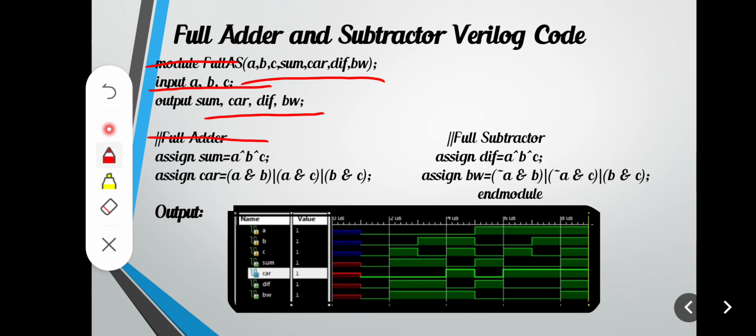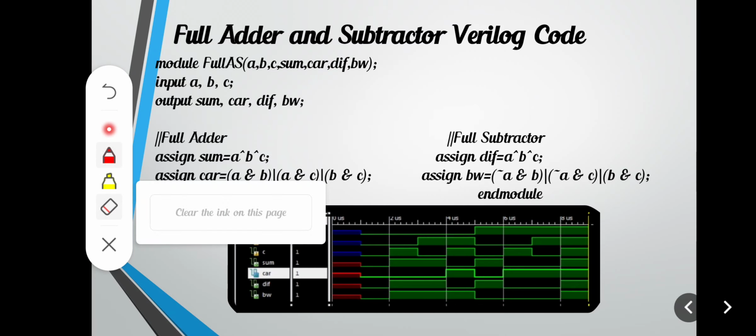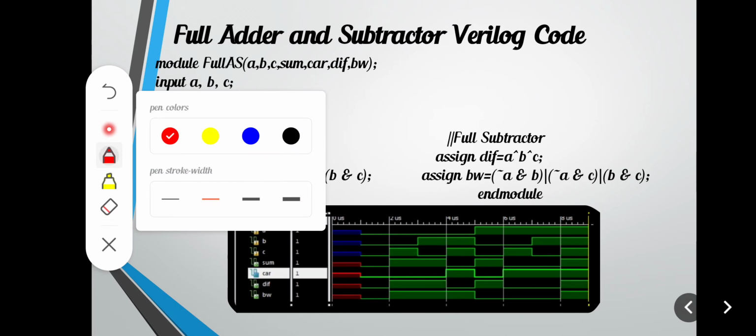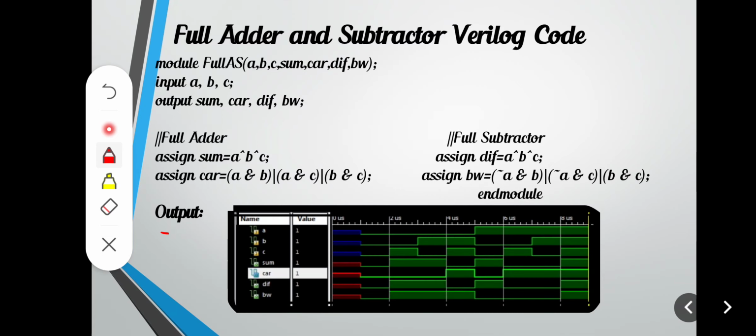This is the full adder and this is the full subtractor, and finally close with the endmodule, and this is the output of this full adder and subtractor Verilog code.